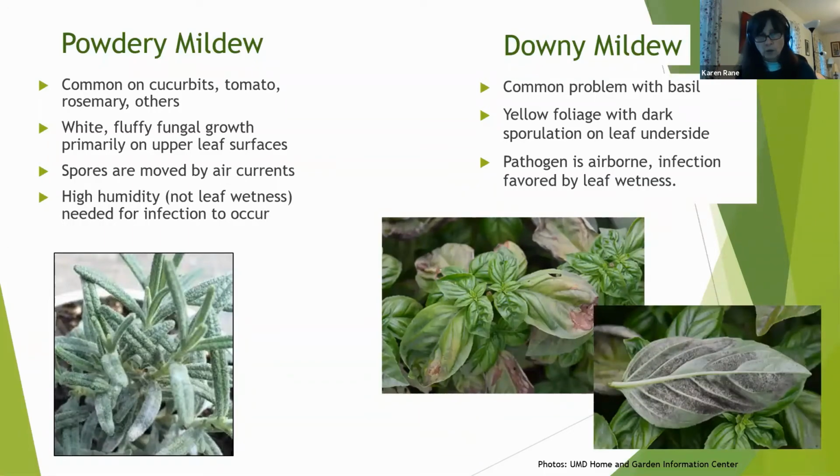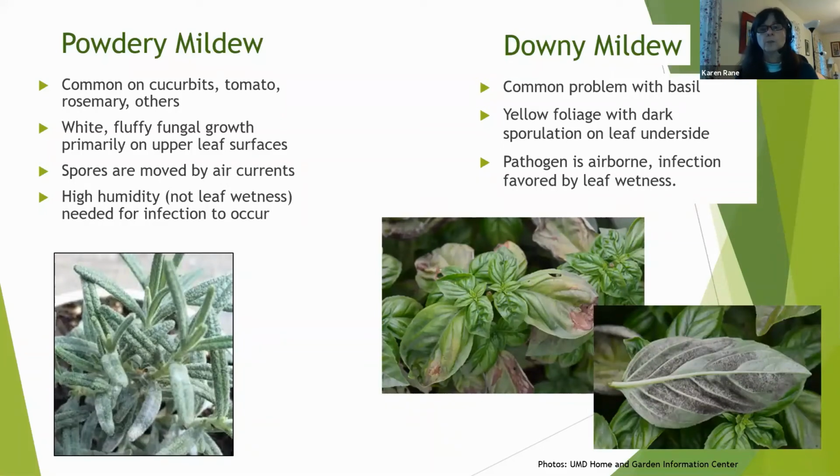And the same can be said for downy mildews. Basil is notorious for getting downy mildew in both outdoor production and indoor production. And the upper leaf surface with basil downy mildew has sort of a chlorotic look, the yellow kind of blotchiness to the leaves. And when you turn that leaf over, that's where you see the actual downy mildew growth on the undersurface.